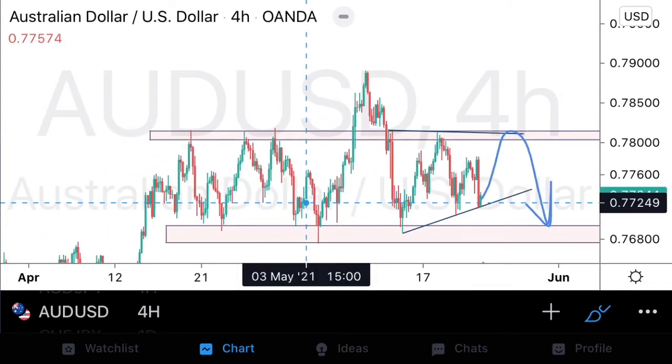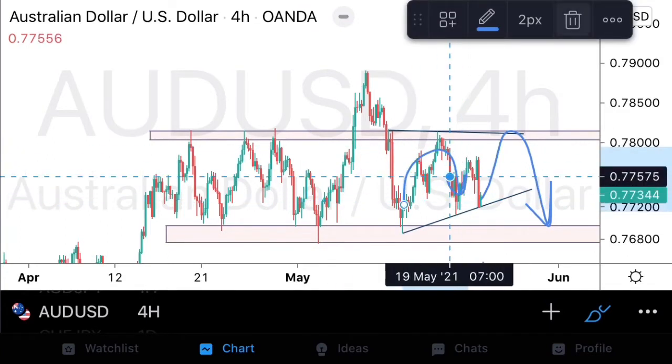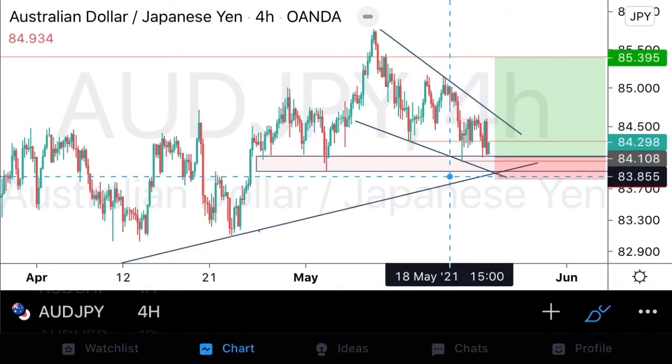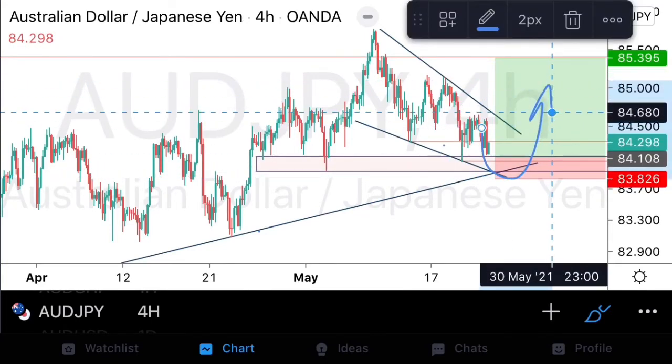Now, to bring in the whole concept of our correlation, we said that we are going to be looking at how we are going to use two base pairs that are correlated and look for trades in different directions based off structure. Now, we had a number of reasons on Aussie dollar why we're looking for some bearish momentum, and we had a number of reasons why on AUDJPY we're looking for bullish momentum.